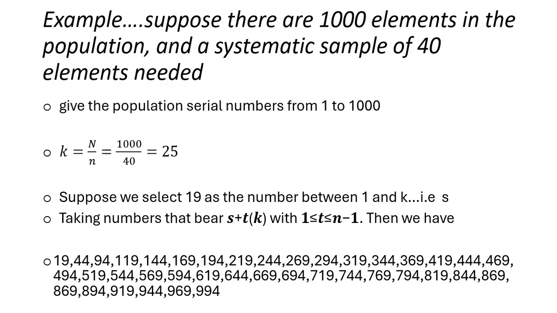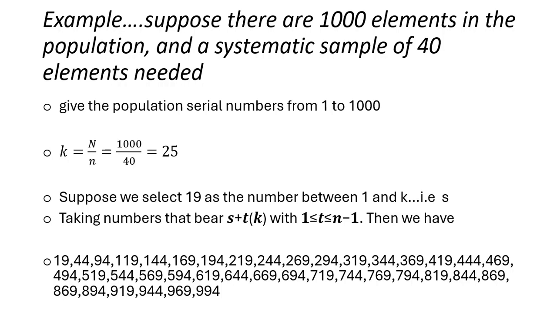So that's our interval. On step 3, we randomly select a number that falls between 1 and k. Suppose that 19 was the randomly selected number.